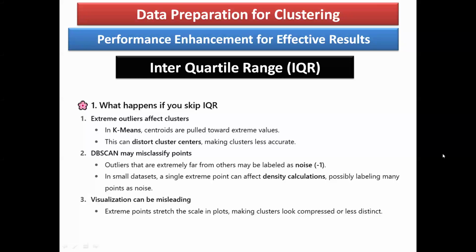Before working on the actual data, first of all, it must be pre-processed. If we take the data from any source, whether primary or secondary, and pass it directly to K-means or DBSCAN or EM or GMM or any algorithm, definitely you will get clusters. There is no problem.